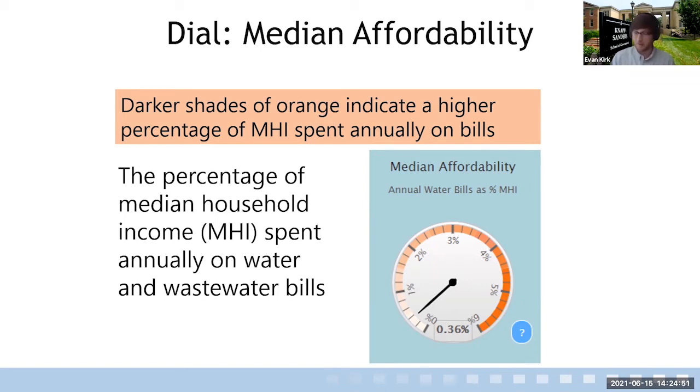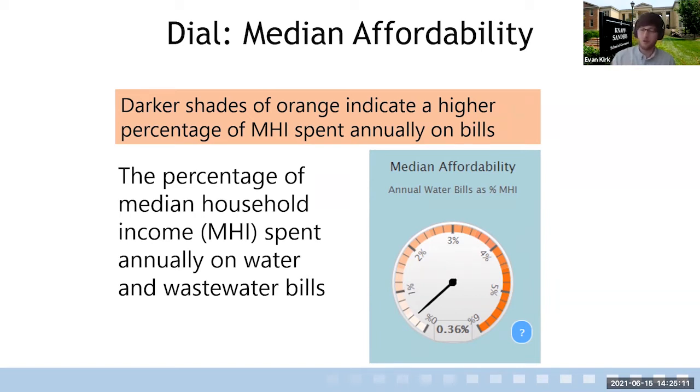If you're falling in some of those darker shades as a utility, then you may want to be looking at ways that you can perhaps have a customer assistance program, or ways in which maybe you can incentivize efficiency of fixtures, other ways to encourage customers to perhaps reduce their bill to make it more affordable.